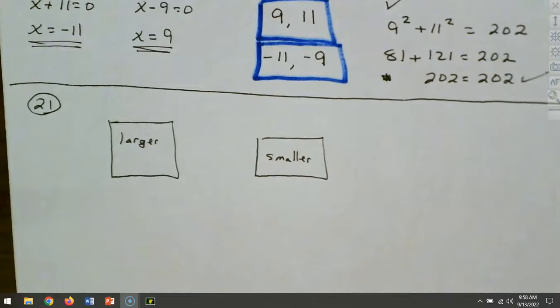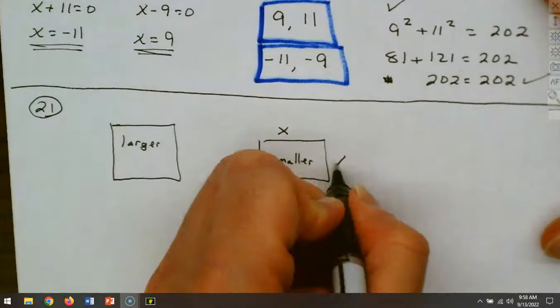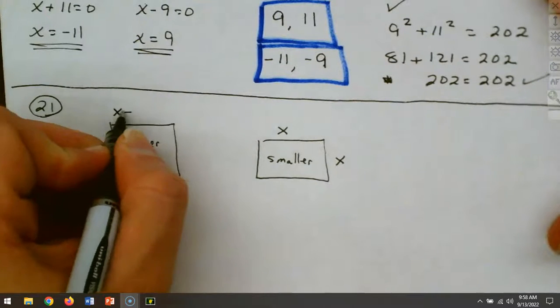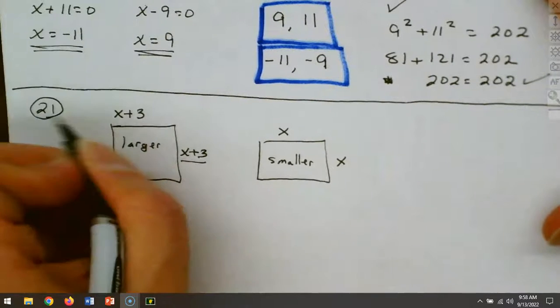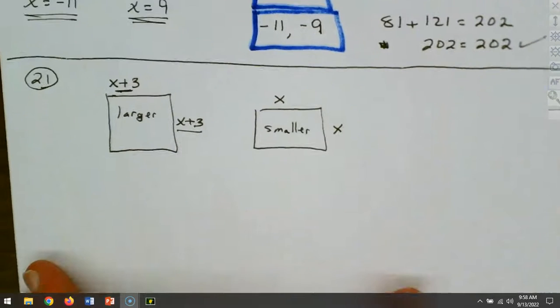If we read it, it says the length of each side of a square is 3 inches more than the length of each side of the smaller square. So we don't know the smaller square. That's unknown, so that's going to be x. What do we know about the larger one? It says it's 3 more.